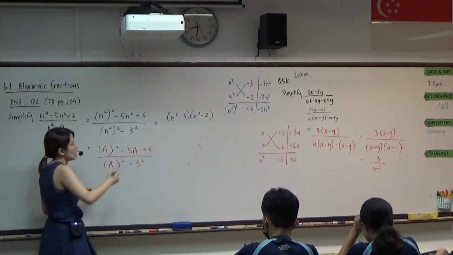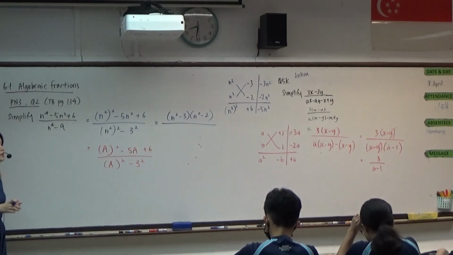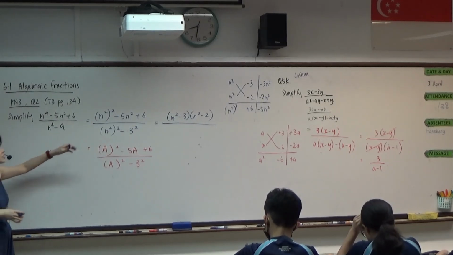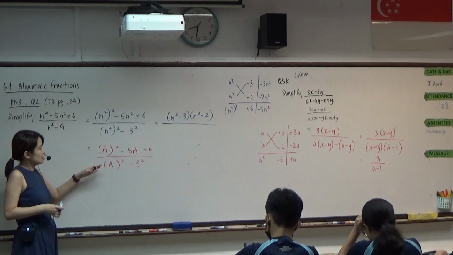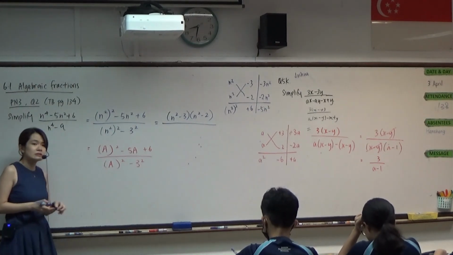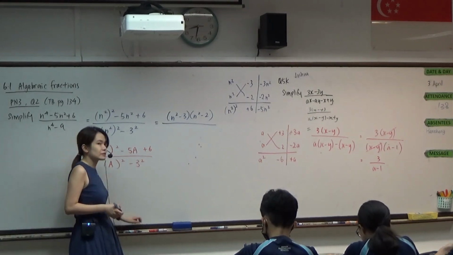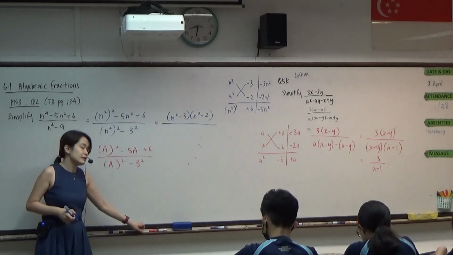Now, the denominator. Okay, Joshua, let you redeem yourself. How to factorize the denominator? I'm trying to use the idea of a squared minus b squared. What is the factorization of a squared minus b squared?